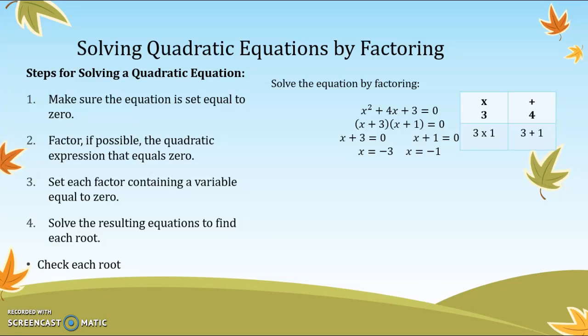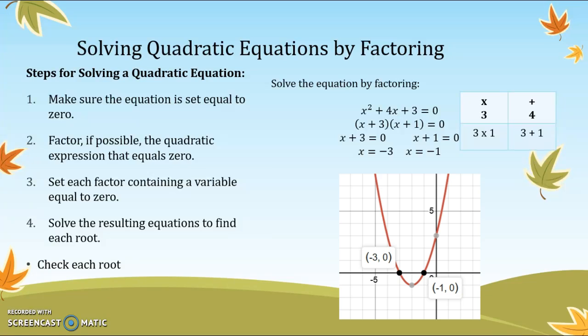If I were to graph this equation, I would find that my graph crosses the x-axis at -3 and -1. That is the objective we're following here: finding out where our graph crosses the x-axis. What are the x-intercepts? X-intercepts, solutions, roots, and zeros are all the same language to mean the same thing.